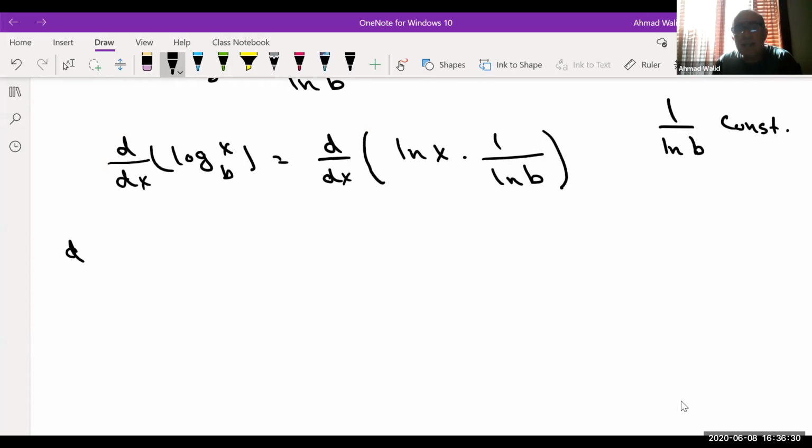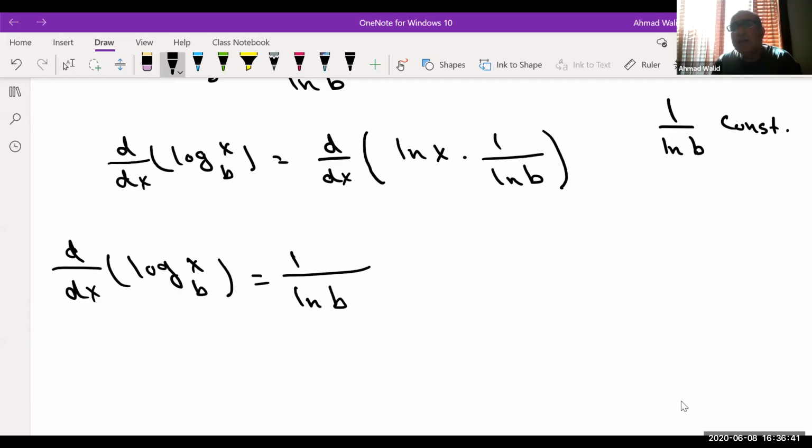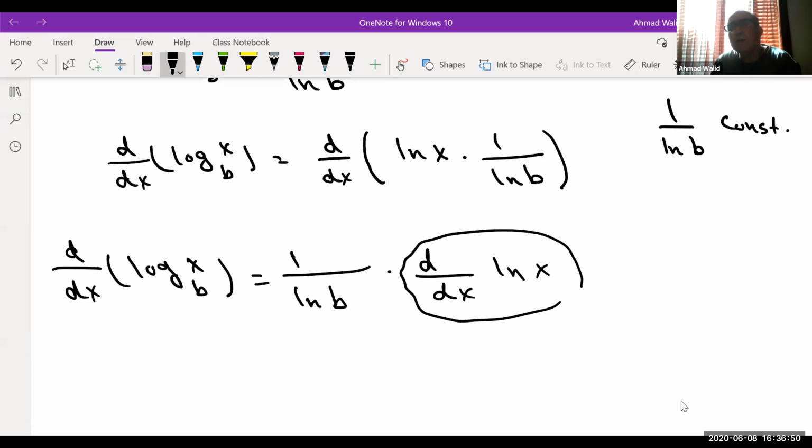Then I can write d over dx of log x base b equals 1 over ln b times d dx of ln x. Wow, I already know what d dx of ln x is. This one equals 1 over ln b times 1 over x.